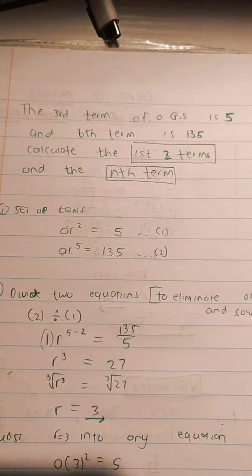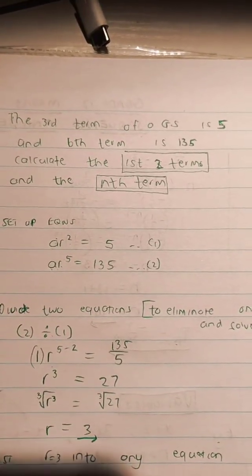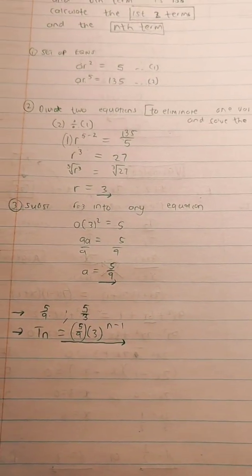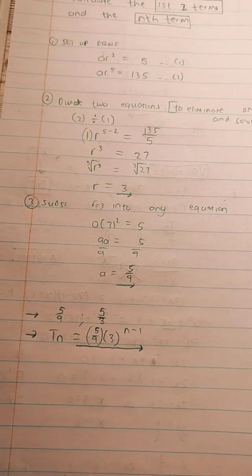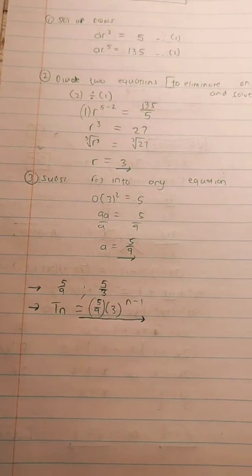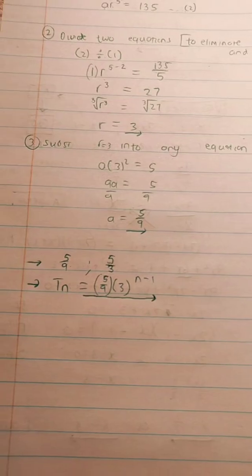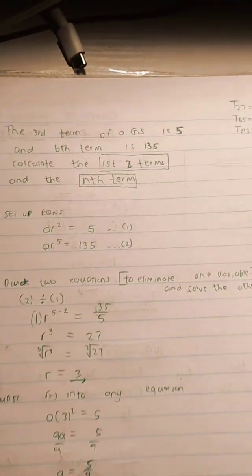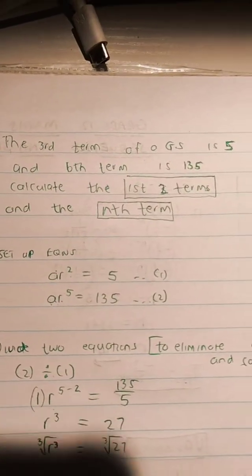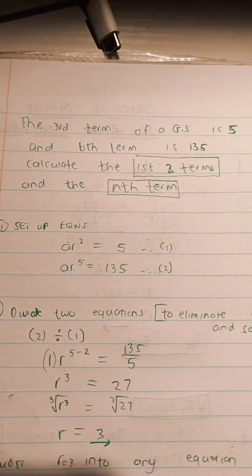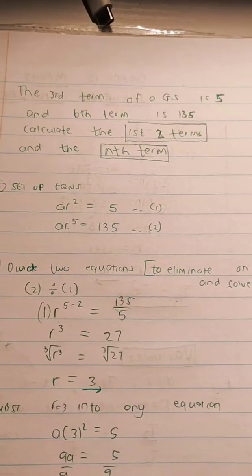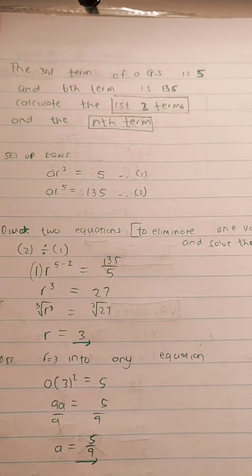All you want to do is find the value of A, which is the first term, and R, so that by so doing, you can find the first 3 terms of the sequence, and ultimately, you can find the general term of a sequence. So whenever you are given the 3rd term of a geometric sequence is that, or the 10th term is that, remember 10th term, AR to the power 9.